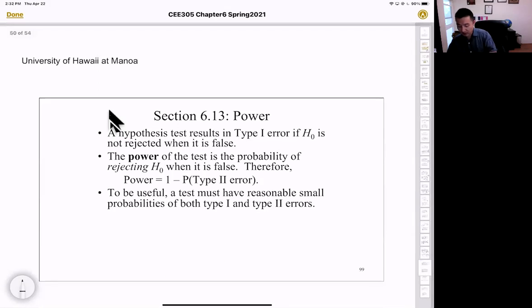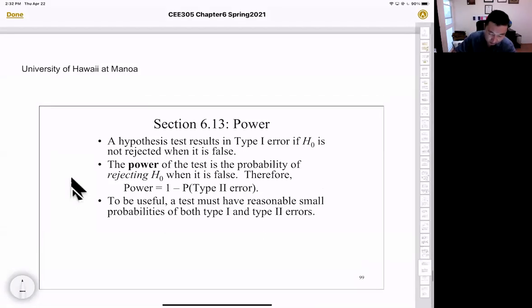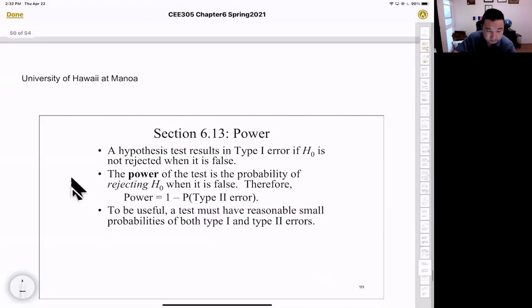So the last part, almost the last part for this chapter, we talk about power. So what is power, first of all? At the early part of this chapter, we know there are two types of error.